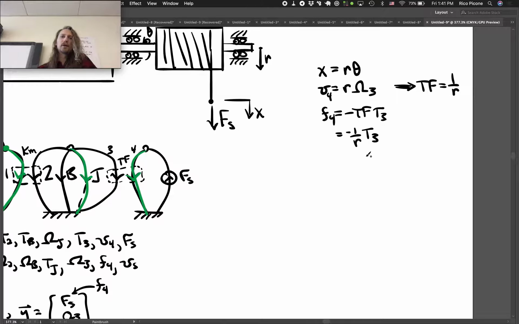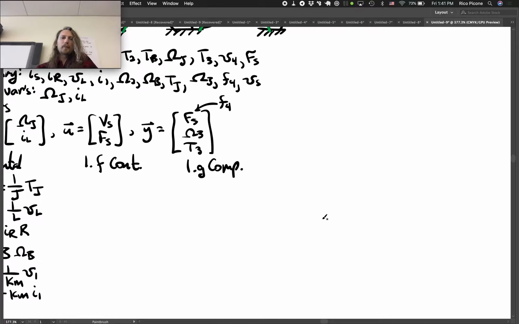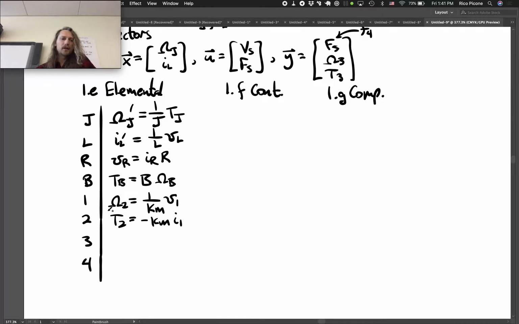For V4, we have V4 equals 1 over TF, where TF is 1 over R, times omega 3, and F4 equals negative TF times T3.